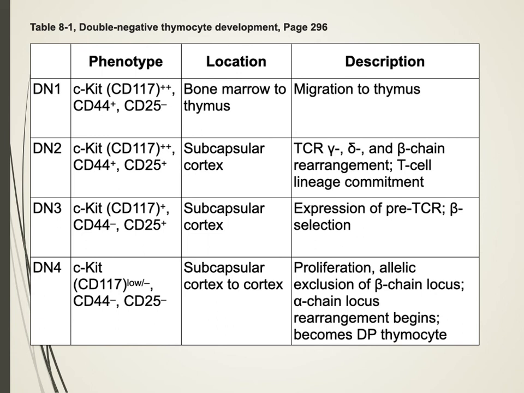This starts to signal for the T cell to go into the cortex, and then eventually with the focus of becoming a double positive thymocyte. Okay, so any additional rearrangement that needs to be done of the receptor for beta and alpha chain would also occur during this stage.